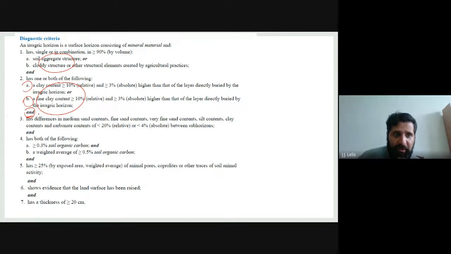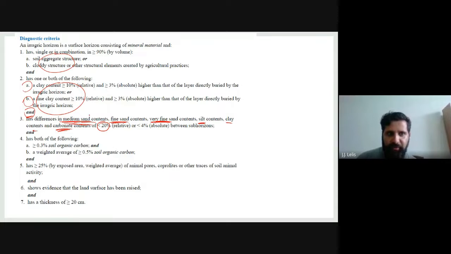And we need to calculate the differences in the sand content, the medium sand content, the fine sand content, or very fine sand content, and silt content, and the clay content, and the carbonate content, for less than 20% in relative cases and 4% in absolute conditions.